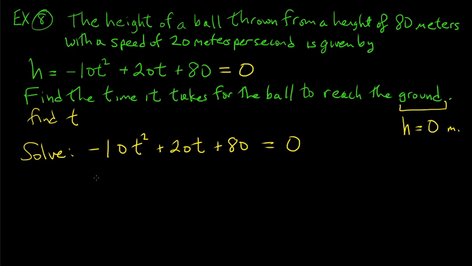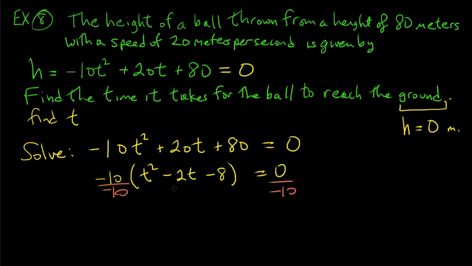So why don't we factor out the negative 10? In fact, you can also divide by it. Or just ignore it. 0 divided by negative 10 is just 0. So you're left with t squared minus 2t minus 8 equals 0.